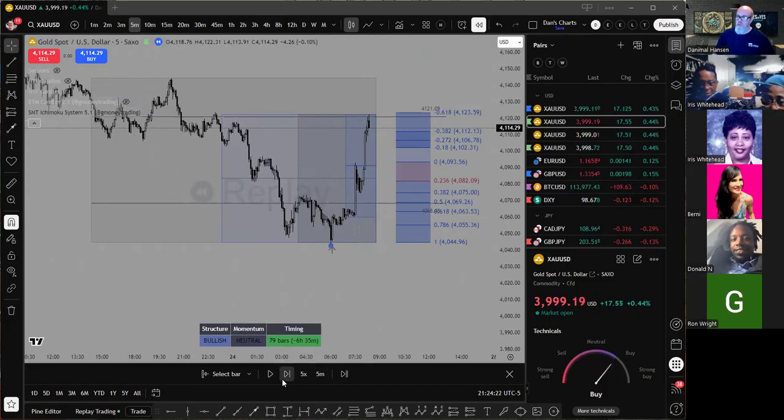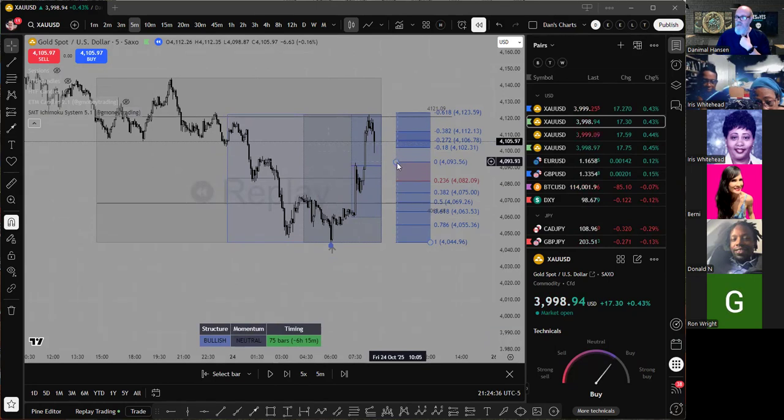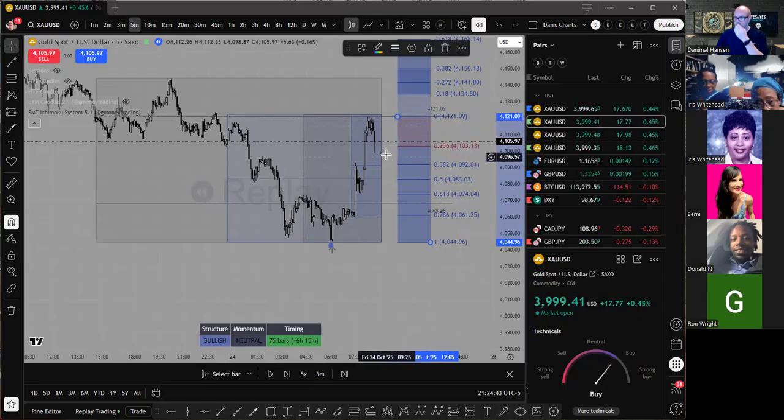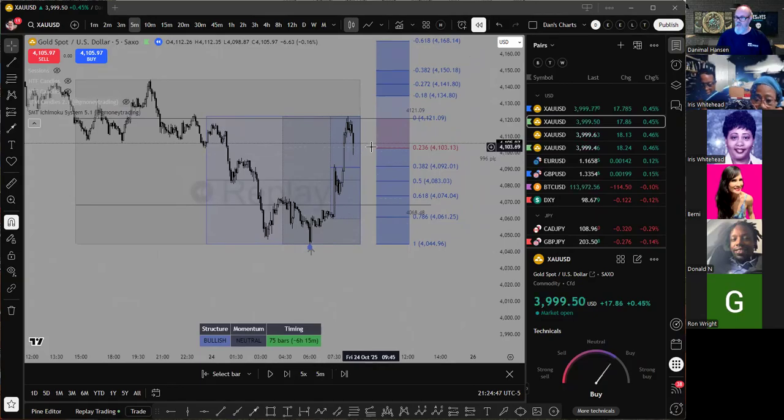Price keeps going. Look at coming back for a retracement. It doesn't want to really come back. It's going to retest the 23%, maybe, maybe not. So now we're back to this. This is our 0. Our 1 hasn't changed. We already hit the 236. So we could have put an entry here to take it to the extensions. We are already above the 23% line.